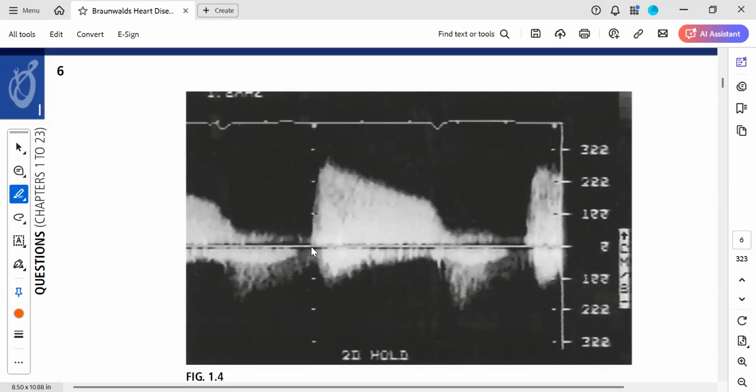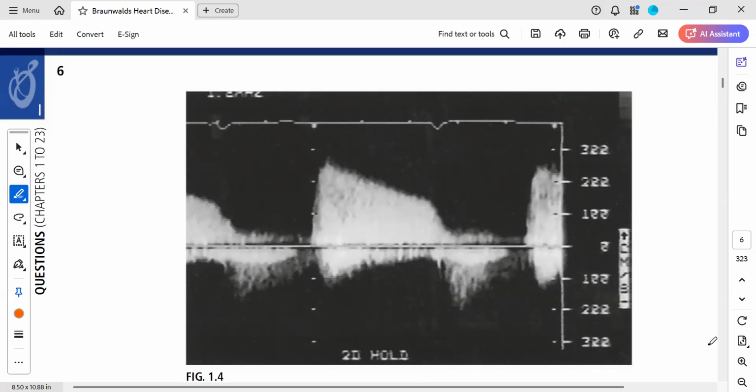And if you trace, we can also get information about the pressure half-time across the mitral valve, and that's the time taken for the velocity to be halved. If you trace from the peak down, that midpoint will give you the pressure half-time. Usually on current machines, they are calculated automatically. Now, going back to the question.